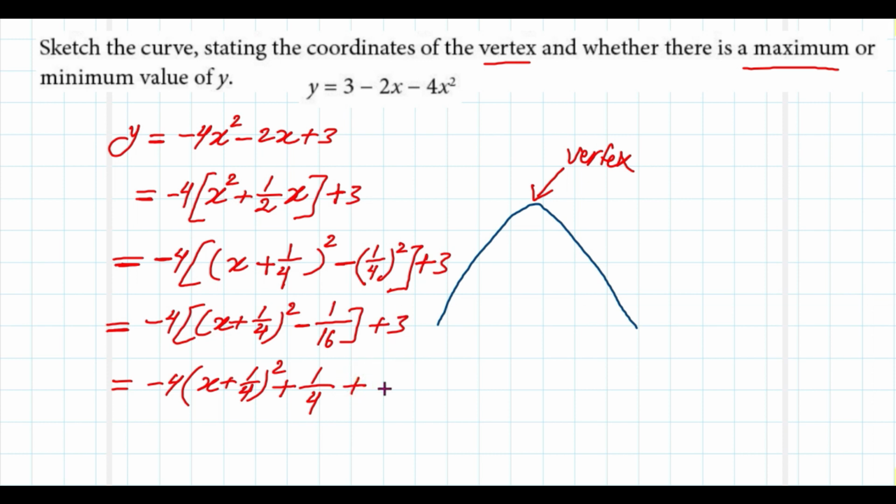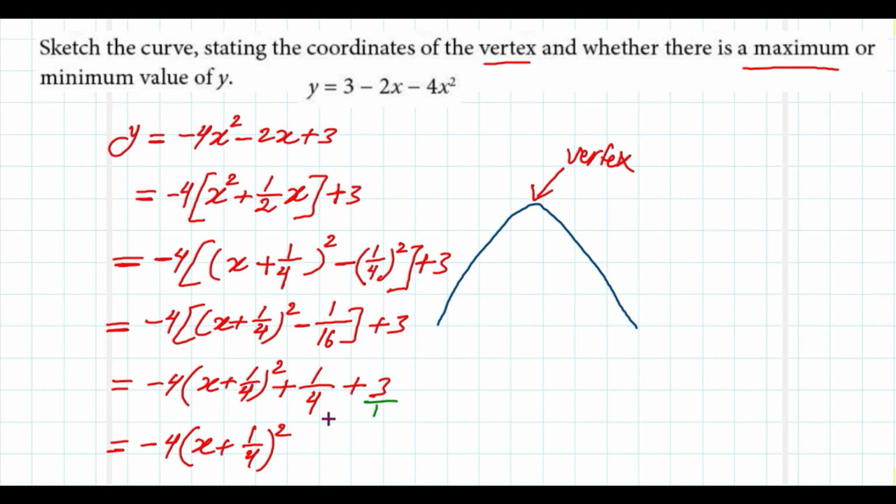Then plus 3. This is -4 times x plus 1 over 4 all squared. Then 1 over 4 plus 3; you can actually say the denominator for 3 is 1. Then you need to find the common denominator between them. The common denominator between these two terms is 4.